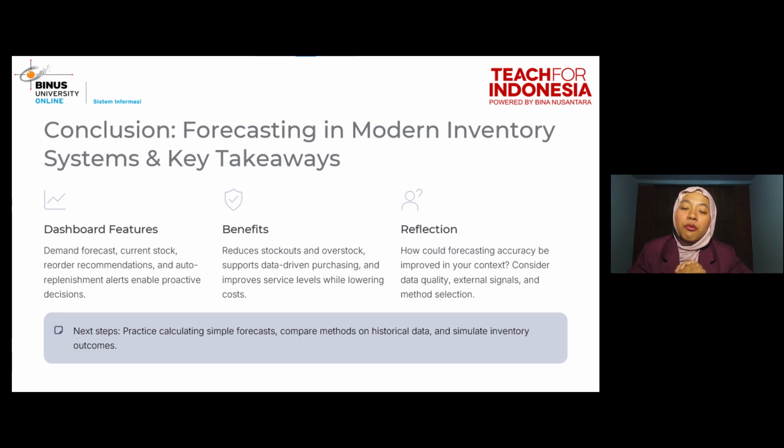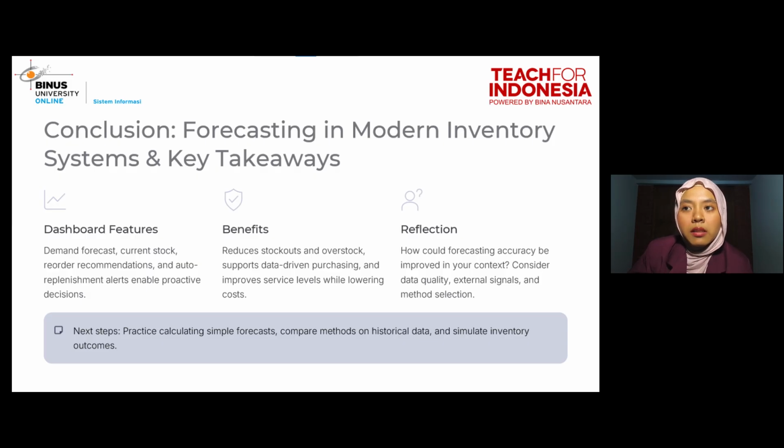Forecasting methods range from simple moving averages to advanced artificial intelligence models. And most importantly, forecasts become valuable when they are translated into inventory planning and replenishment actions.